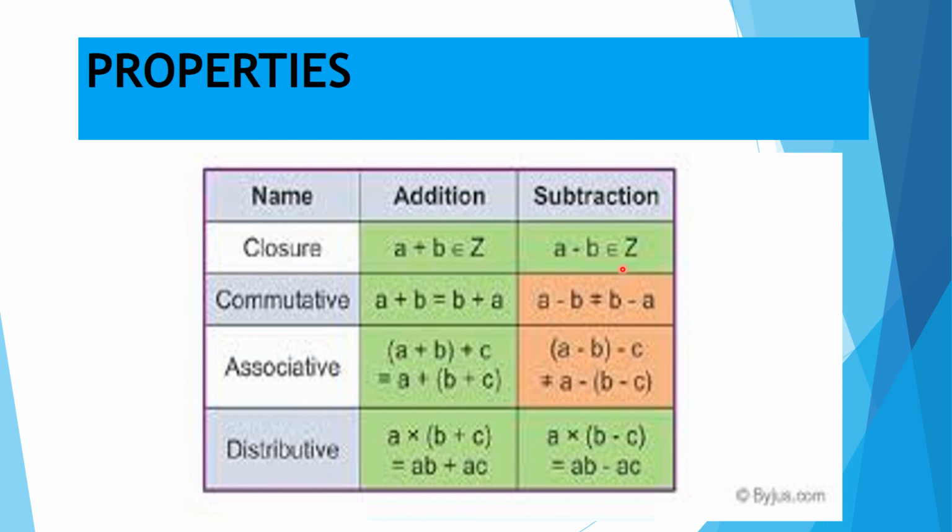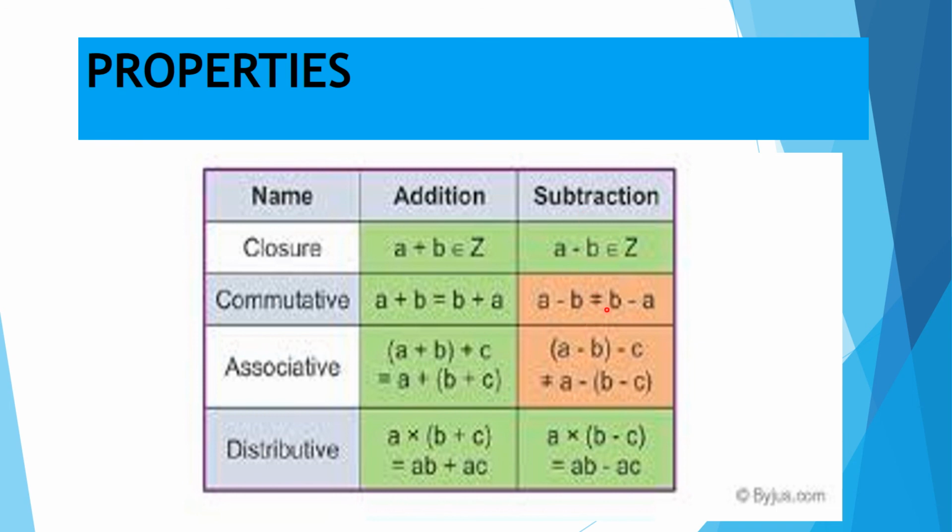Now, let us see commutative property. A plus B, when two integers are added and their order is changed, that is B plus A, you get the same. So commutative property is true for addition, whereas it is not true for subtraction.